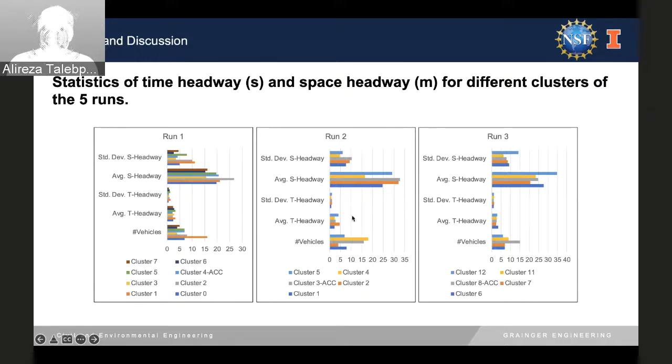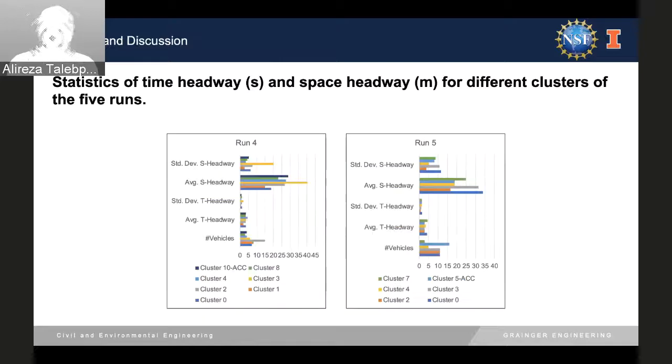The value of doing this was for us to better understand if we can see distinct behavior. We did this not just for time and space headway, but for all the measures that we used. Every result that we captured, we investigated by hand to make sure that whatever we see is meaningful and there's a distinct difference.